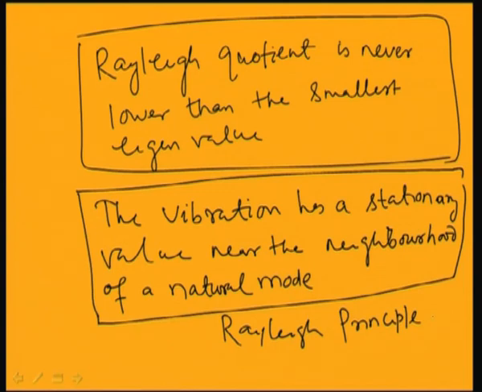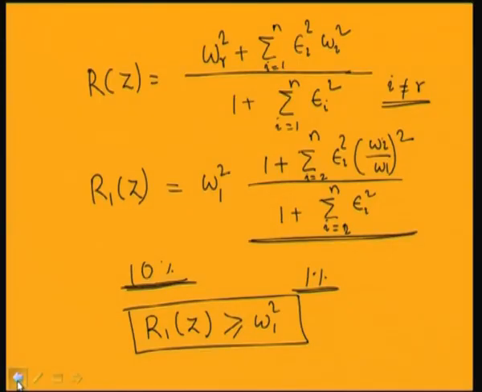So, in this case you have found that R1 z is nearly equal to, or always has a value slightly greater than, omega 1 square. Similarly, by taking a mode equal to the second mode, you can find R2 z equal to omega 2 square, or if the vector we have chosen is nearer to the second mode, we will get a frequency slightly closer to the second natural frequency. So, by using this Rayleigh quotient method, we can get the approximate eigenvalue of a system.